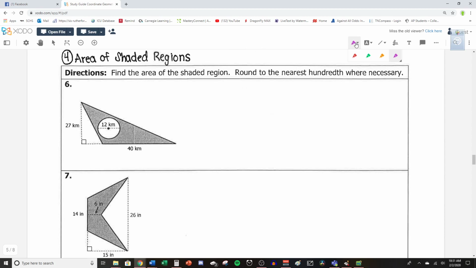The area formulas that we're going to need for these questions, first off we have triangles. The area of a triangle is 1/2 base times height. And then we'll need parallelograms and circles. We got two more shapes.